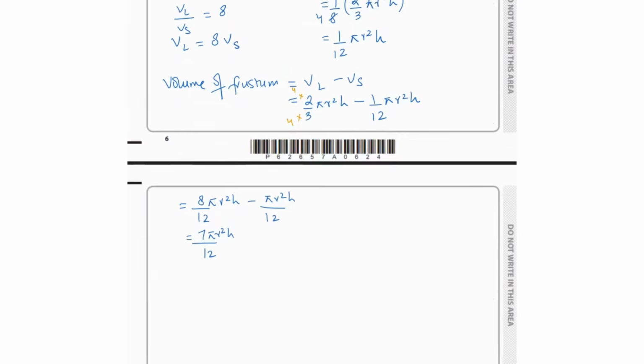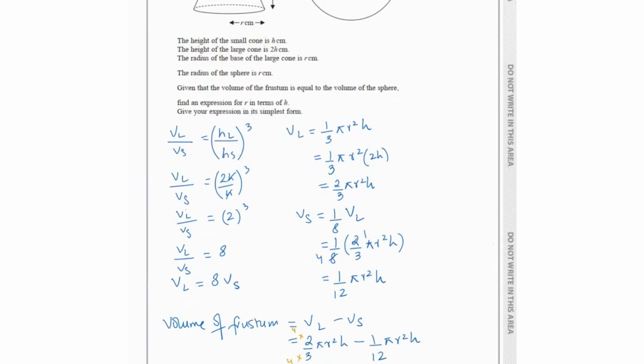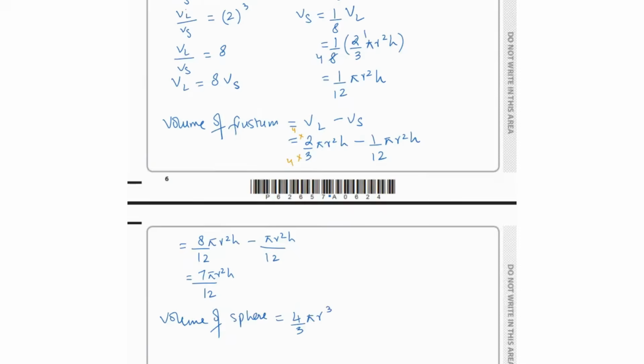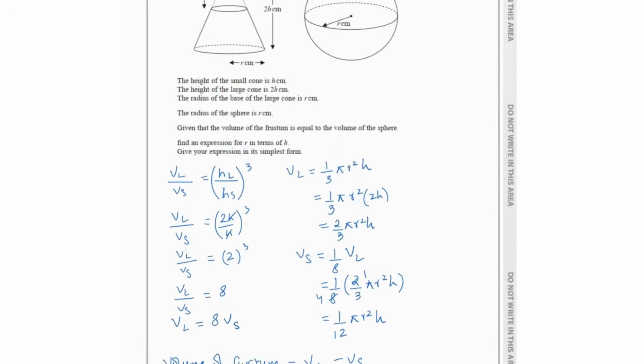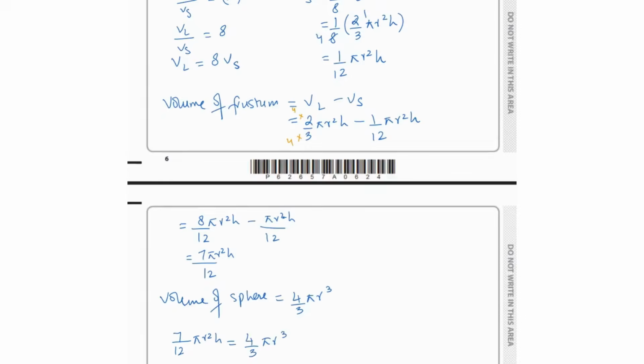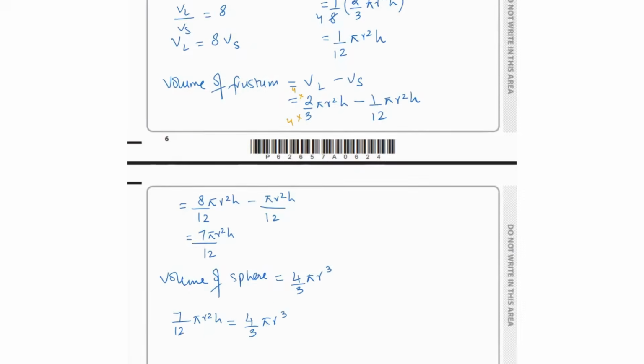Now the question said that the volume of the frustum is equal to the volume of the sphere. Four over 3 pi r cubed. The radius is r, yeah, so they're equal. They want an expression for r in terms of h.